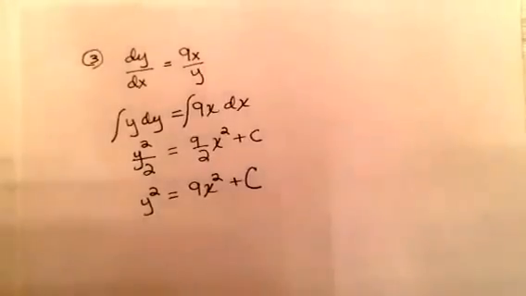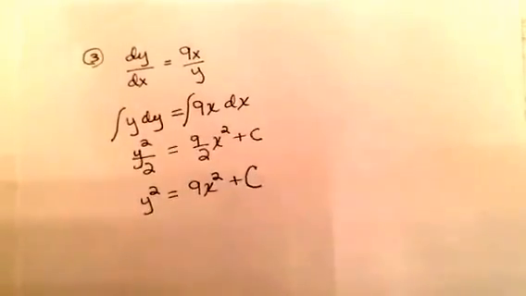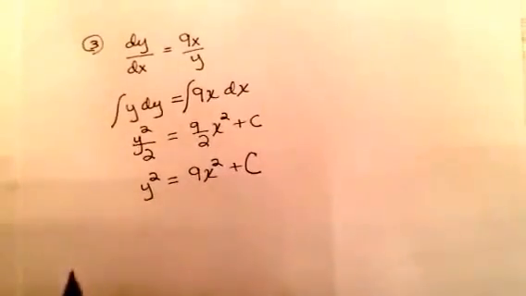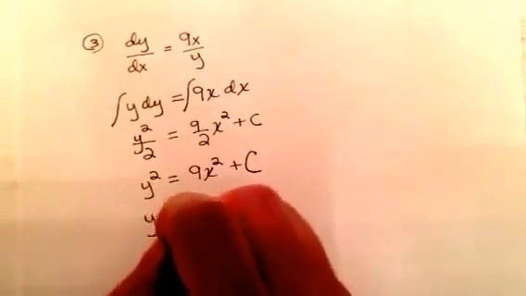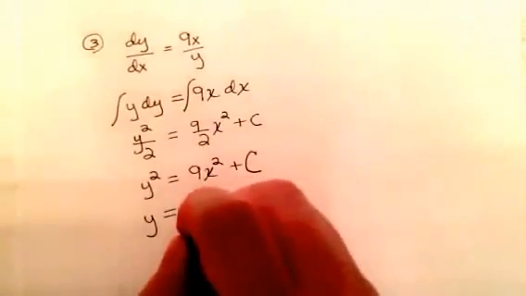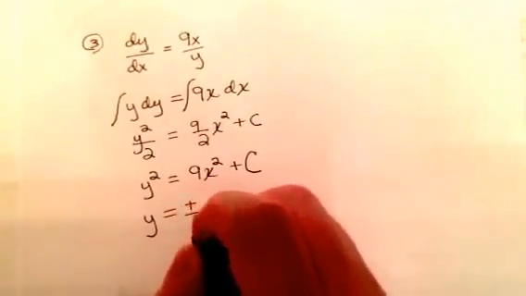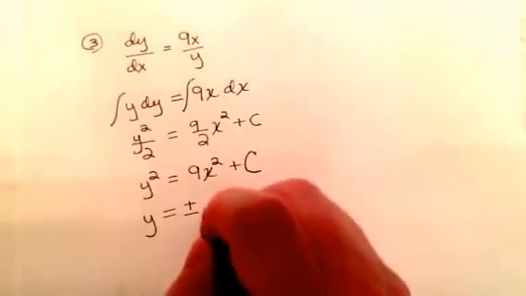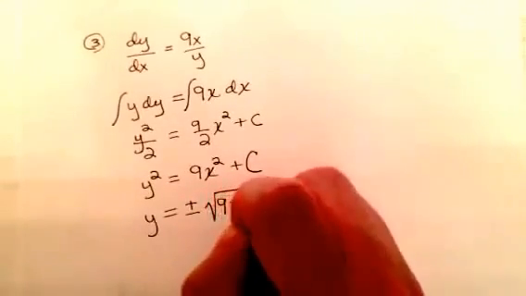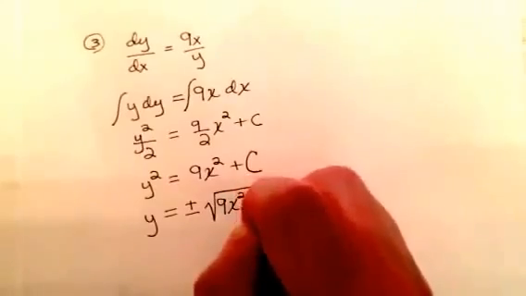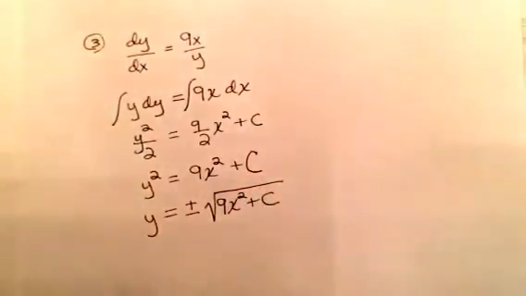And so in terms of solving for y, we can utilize the square root property of equality. So for y itself, depending upon the initial condition, y could be equal to positive or negative the square root of 9x squared followed by the constant.